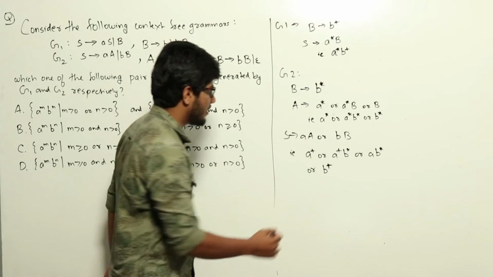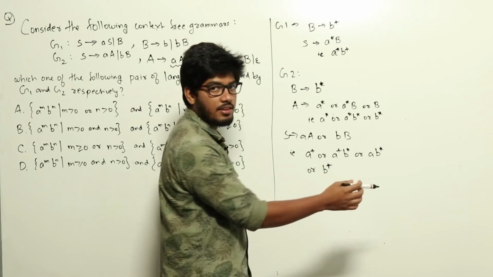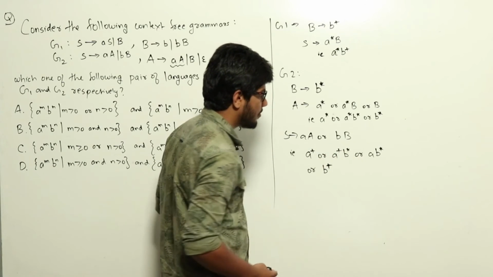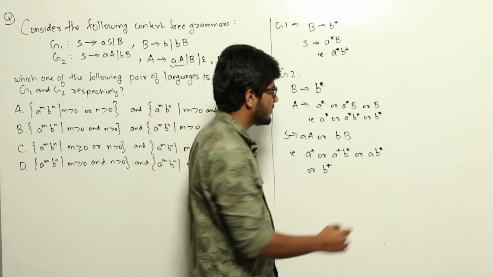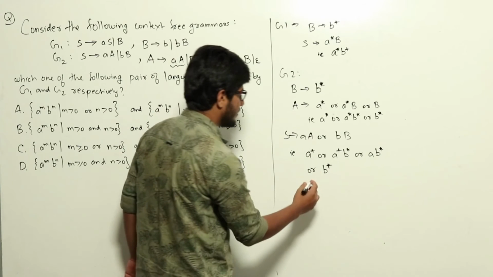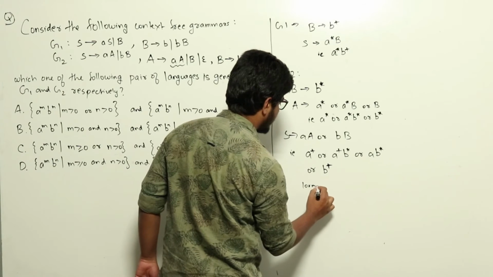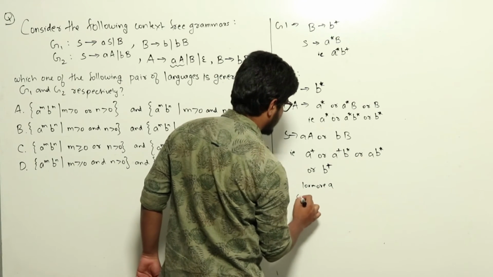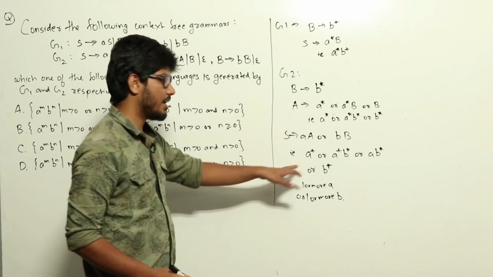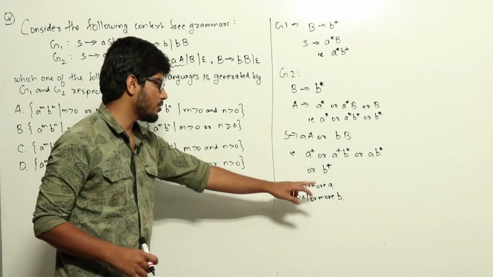So if you take a look here, this is a plus, that is a string of one or more a's, or b plus, that is a string of one or more b's, or a string of one or more a's and then 0 or more b's, or one a and then 0 or more b's. This is nothing but one or more a's or one or more b's, where a will appear at the start and then b will appear later. One or more a's and one or more b's.